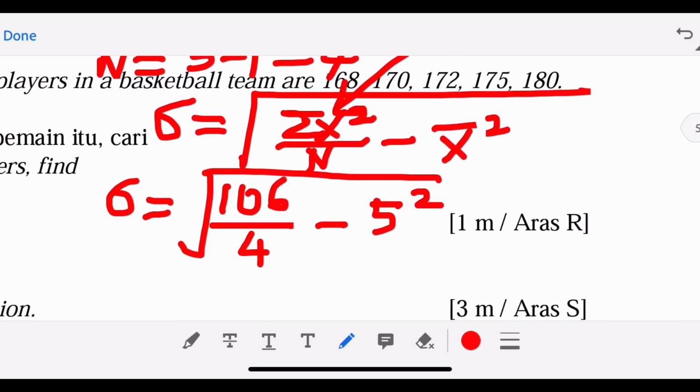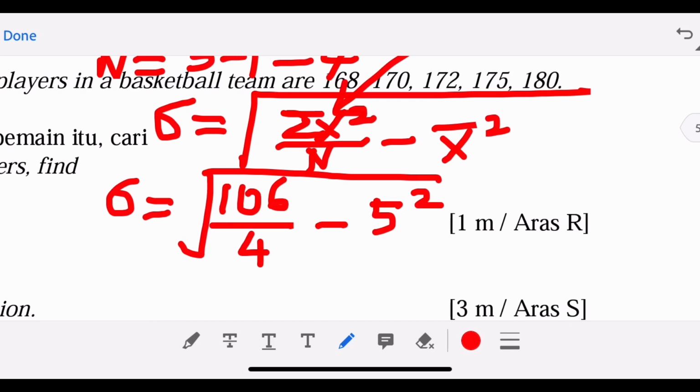So you can use a calculator to work out the answer, and make sure your answer is in 4 significant figures.